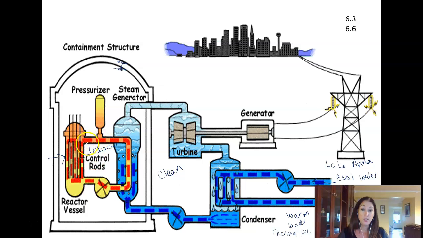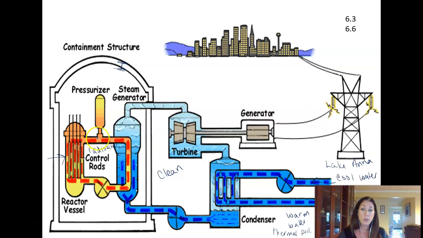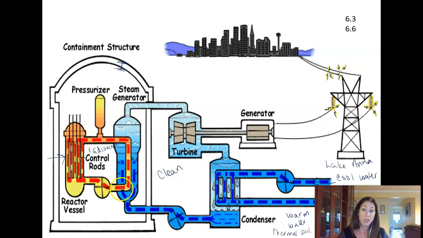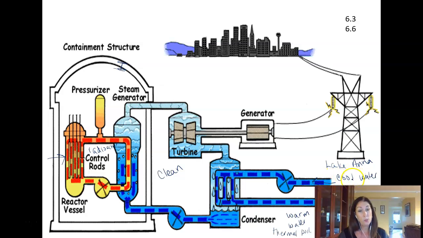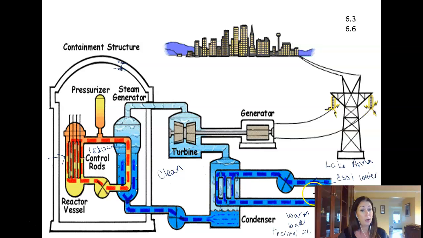And same thing goes here. We have water that's pumping through here, a heat transfer. So we create steam, it comes in contact here, it condenses, comes back here to be heated again. So these are closed loops. The only open loop is right here where we pump cool water in and pump warm water out.